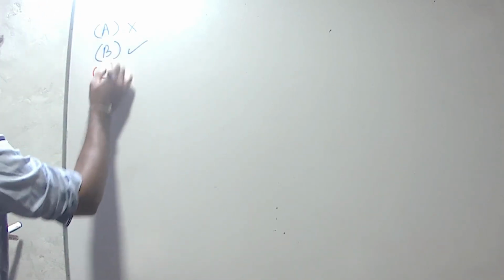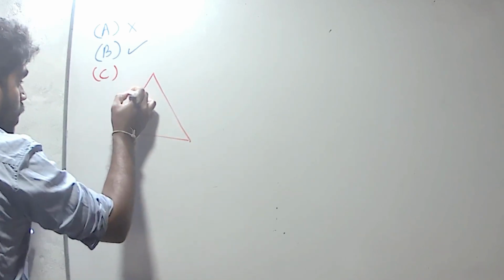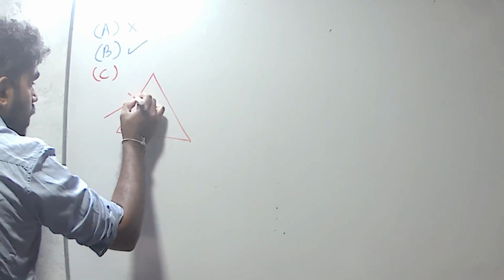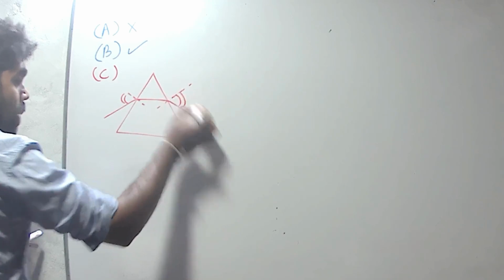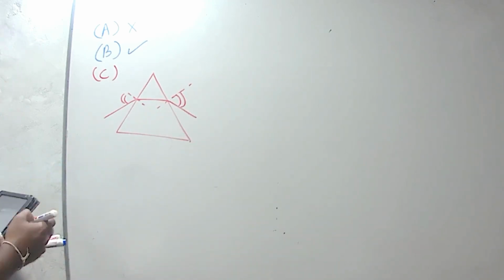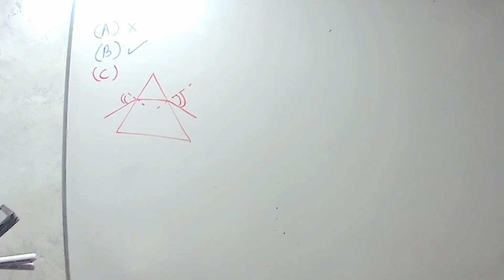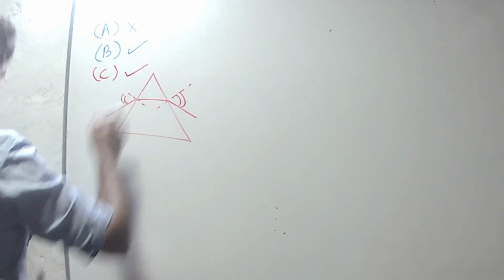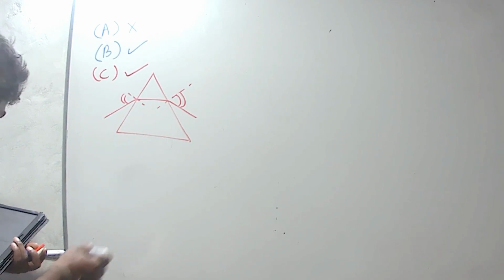Yes, we know that for the minimum deviation, the angle of incidence is equal to the angle of emergence. This angle equals this one for the minimum deviation. You know that for the ray corresponding to the minimum deviation, the ray is passing through the prism symmetrically. Then C is correct. B and C correct. Then answer 3.